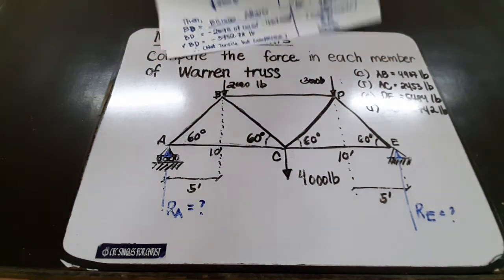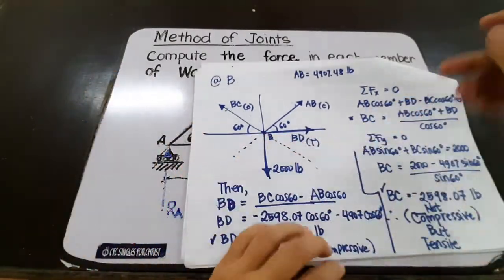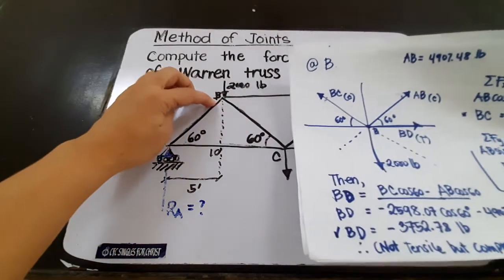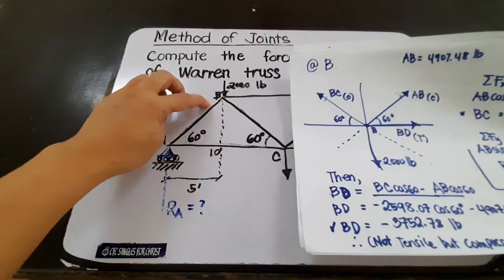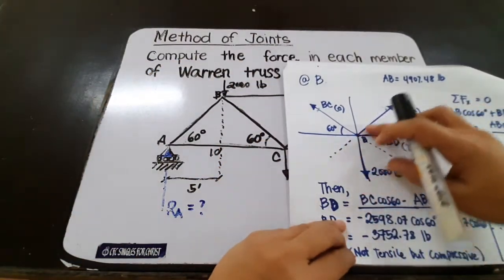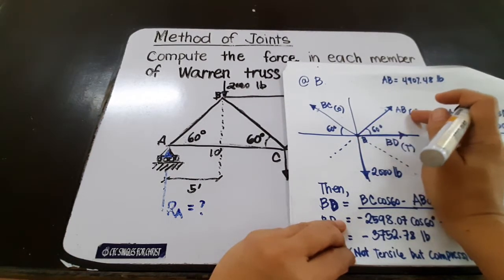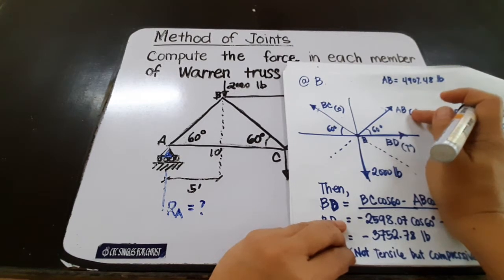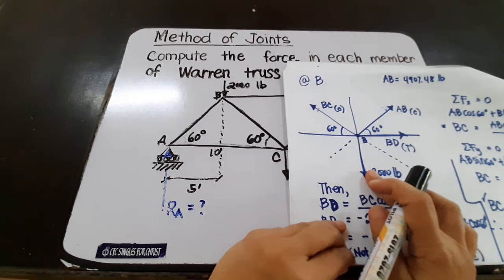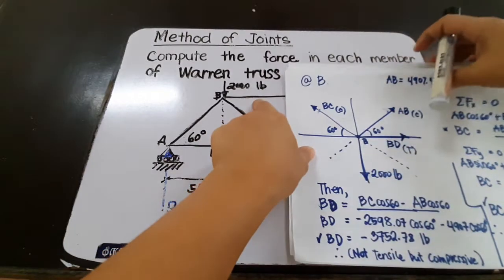So, going back here. Since AB is compressive, that means that force AB should be acting towards B. And if it's acting towards B, let's extend the line of action of the force. We have AB in quadrant 1, and then we have a 2,000 pounds downward force. And then we have another member here, and that's BD.